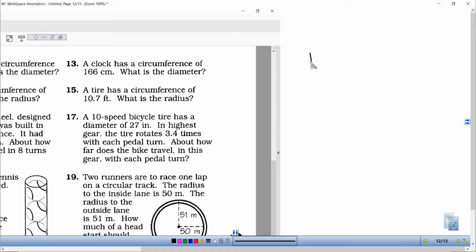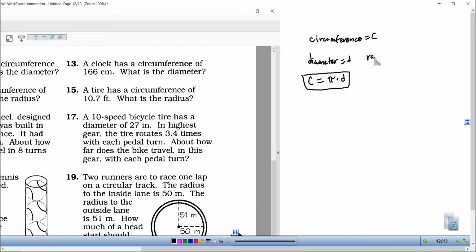So remember, for a diameter D, we said that the circumference C was equal to pi times the diameter. All right, so let me write circumference. So our circumference is C. So our formula was the circumference is pi times the diameter.